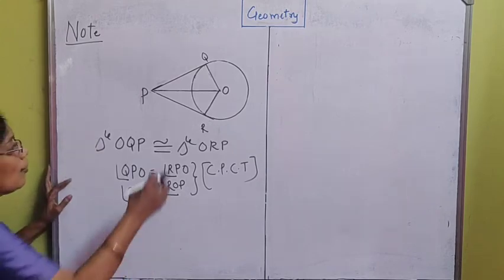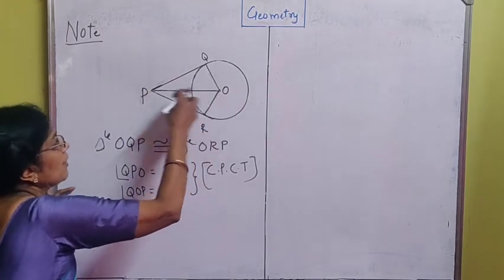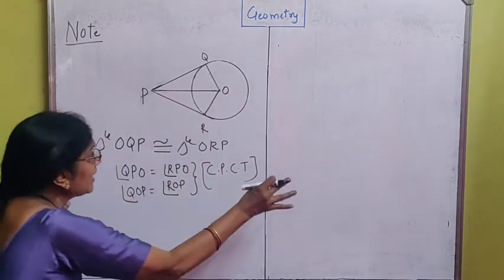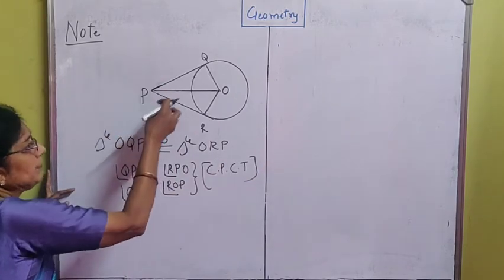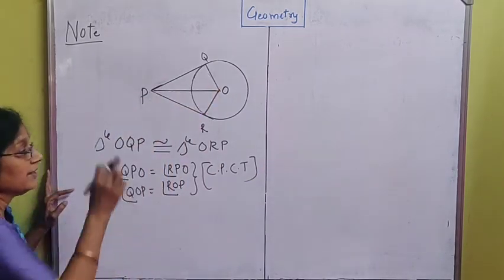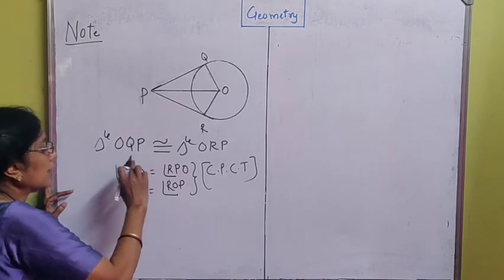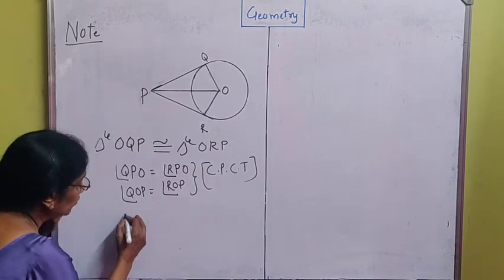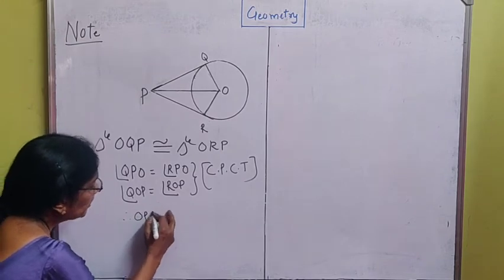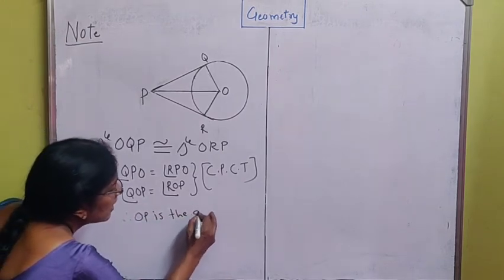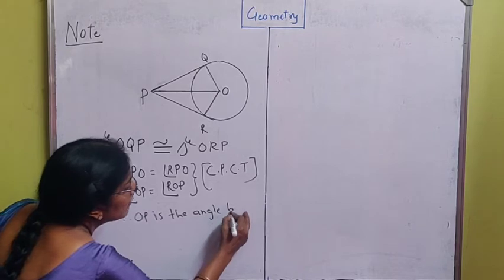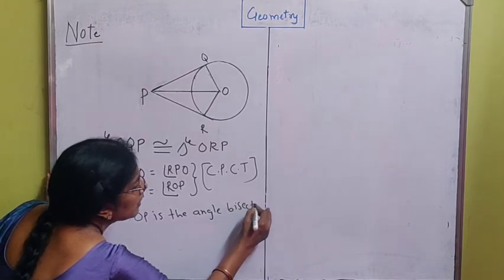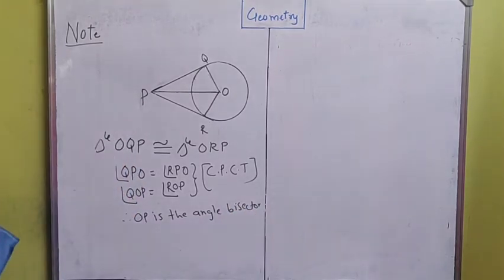That means OP, whatever the line you have drawn, is the angle bisector of angle P and angle O. That is what these two statements prove. What is meant by angle bisector?